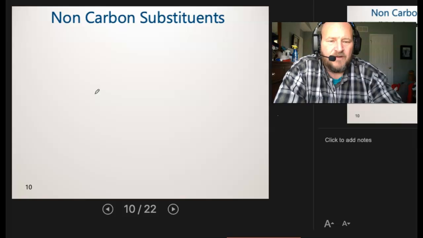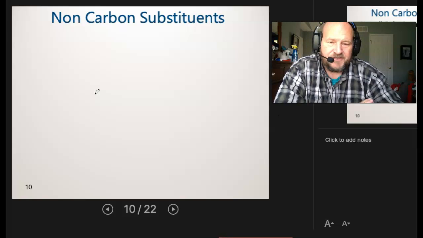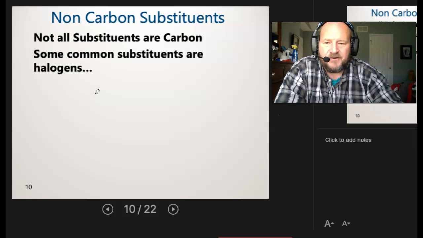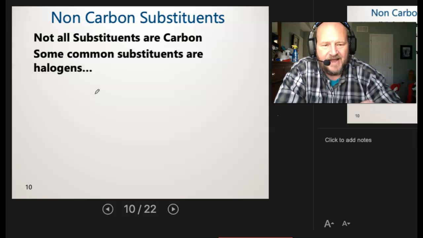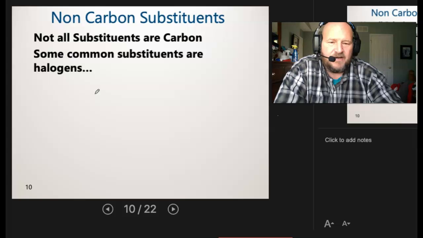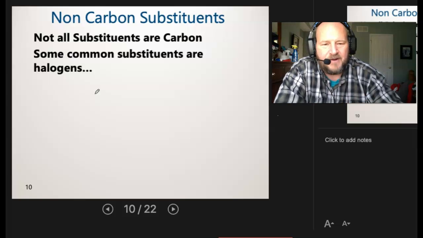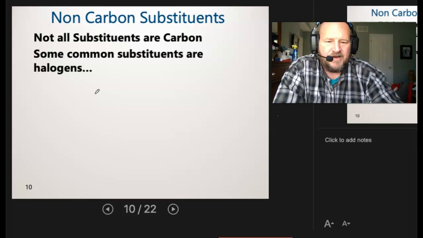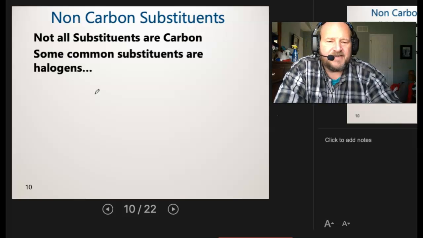Now, you can also have a non-carbon substituent. Now, we haven't seen that yet. We've only put branches on, but not all your substituents have to be carbon. Some other common substituents would be the halogens. Now, when we were doing ionic naming and even the non-metal naming before, our binary naming, things like chlorine became chloride, and it doesn't sound nearly as pretty.